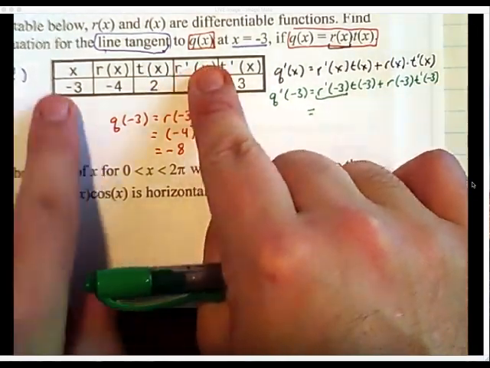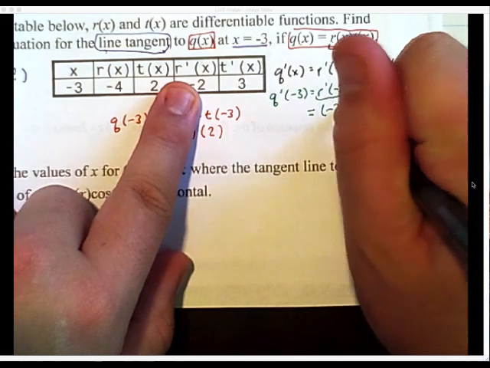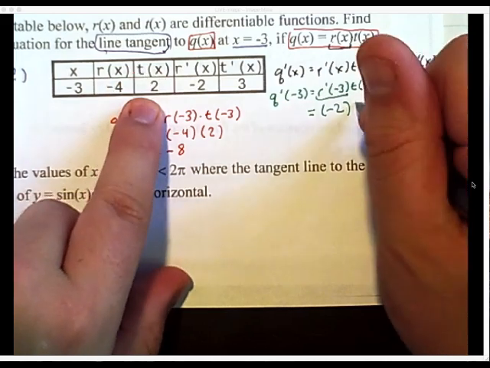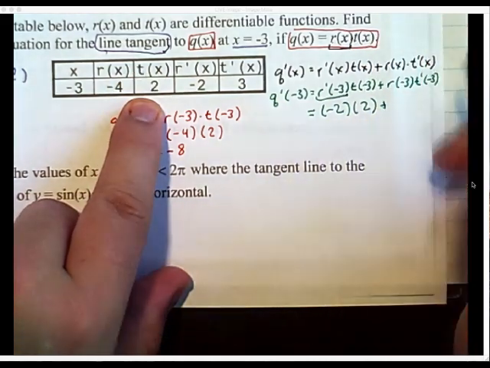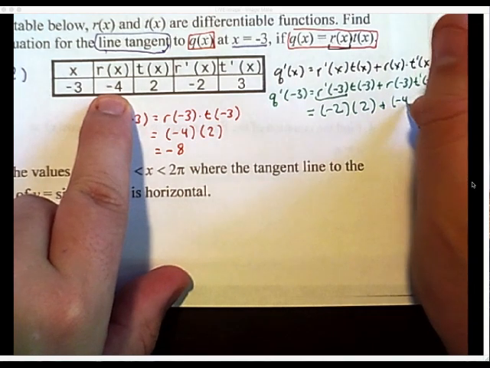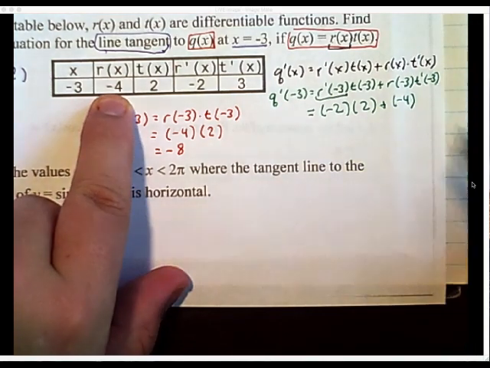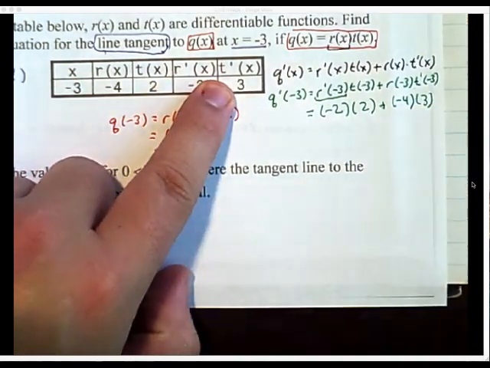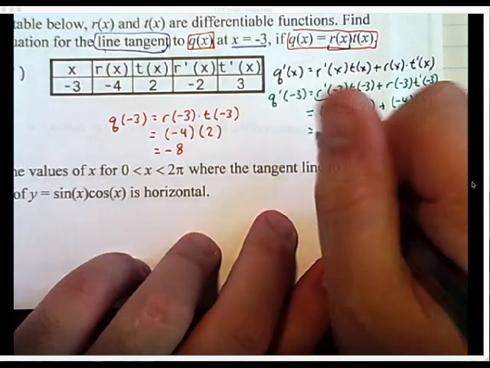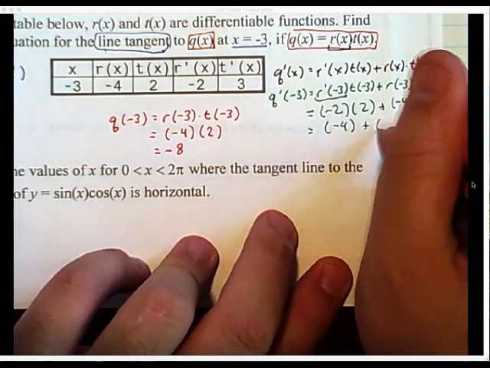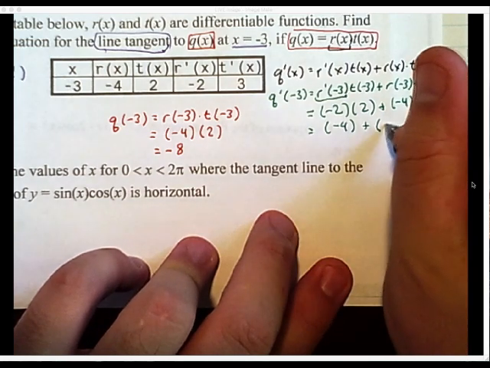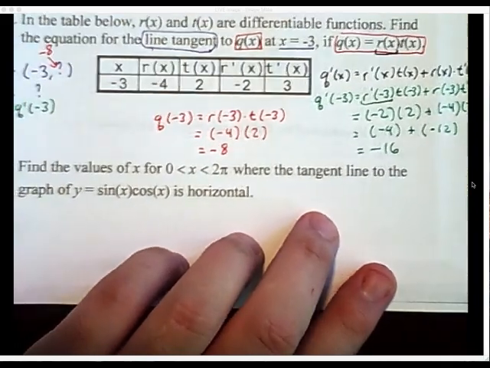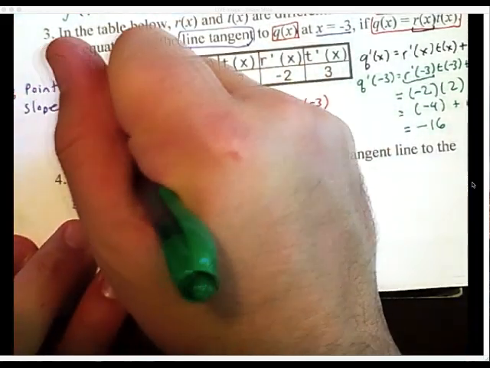Here, r prime of -3 is -2, times t of -3, that's +2, plus r of -3, that's -4, times t prime of -3, that's +3. -2 times 2 is -4. -4 times 3 is -12. -4 plus -12 is -16. So I just figured out what the slope is of the tangent line.